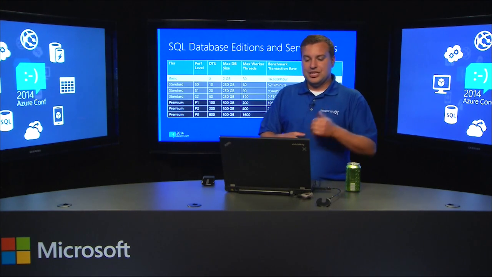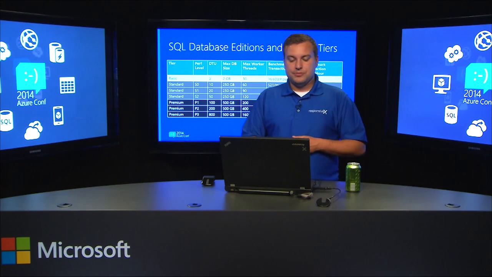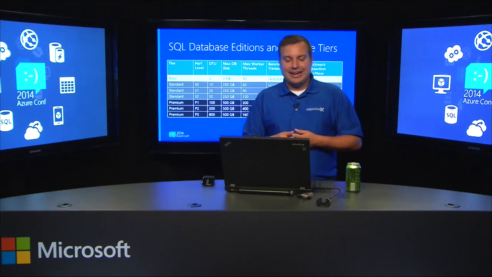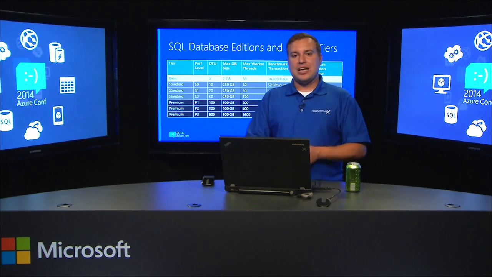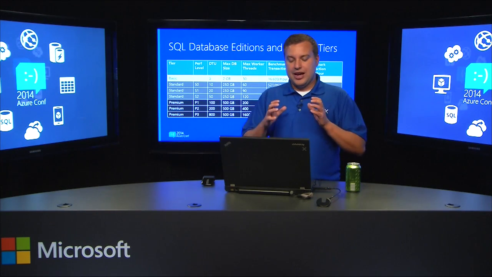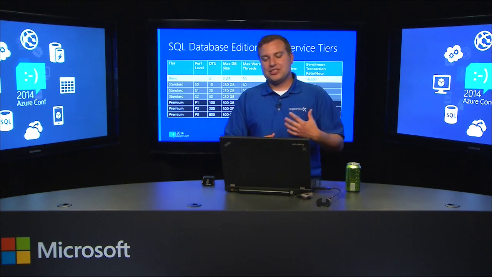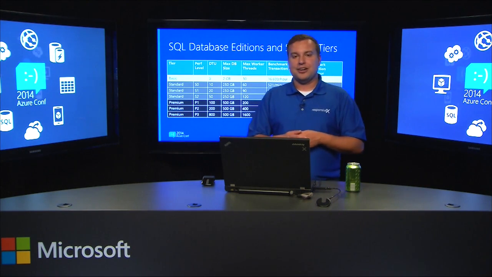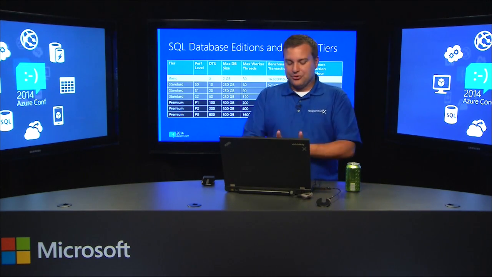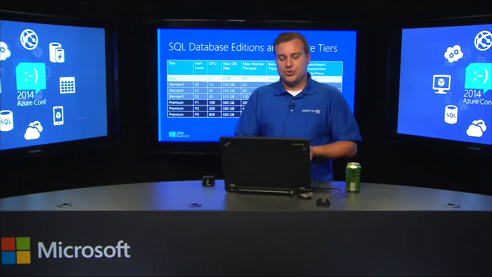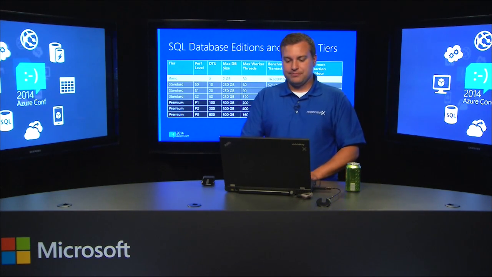And you'll see, again, those DTUs vary based on the level that you choose. And so think about DTUs like VMs. They are kind of governed resources carved out just for you. You have a VM inside of a physical box, if you will. That's the best analogy or metaphor I can think of to describe what a DTU really is: a set of resources dedicated just for you. So think about it like a VM that's got dedicated resources on a physical server.